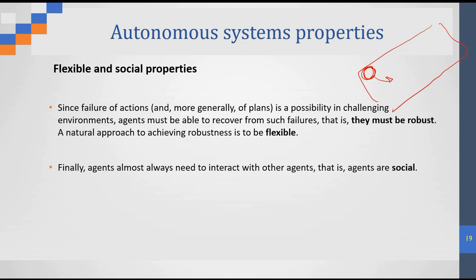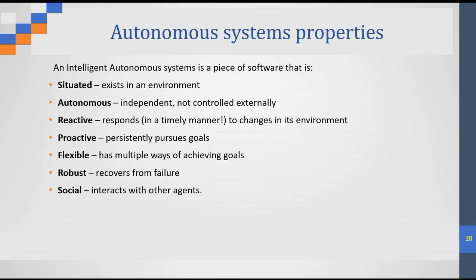Also the social property, actually, as we say, it can work with other things, in general other types of systems. Social means it can work with another system. So maybe I list them here again.